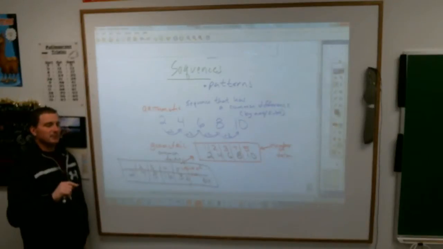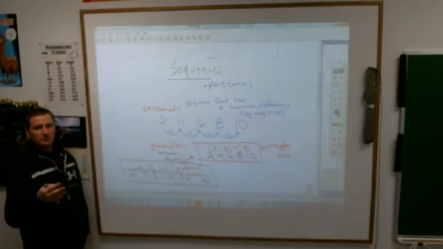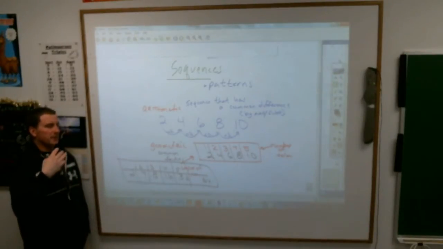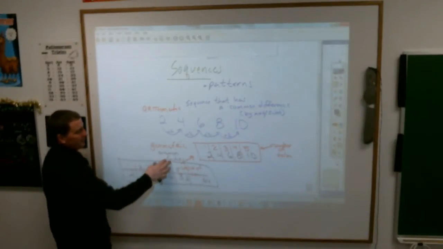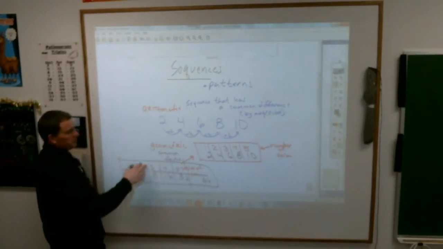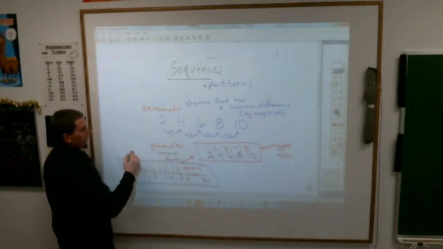Anybody? Have you ever thought about this? When you divide by 2, you cut it in half. Dividing by 2 is the same thing as multiplying by 1/2. Dividing by 3 is the same thing as multiplying by 1/3. So that's why they use common factors here. Geometric is by multiplying or dividing.